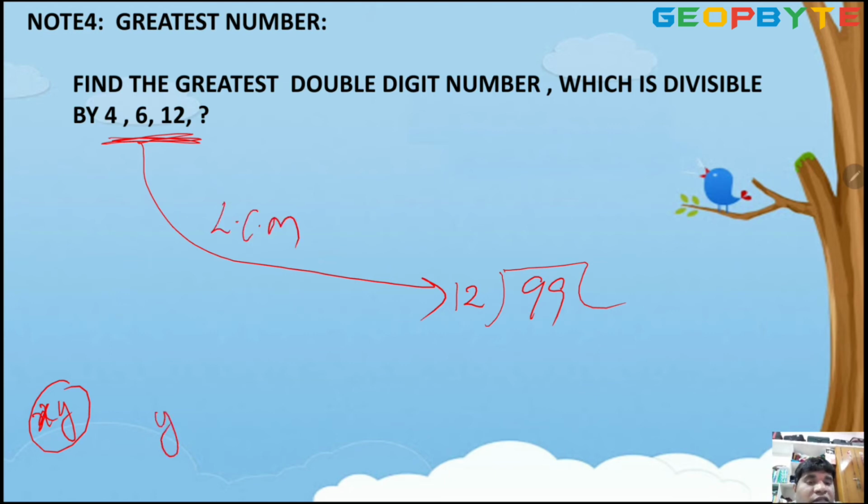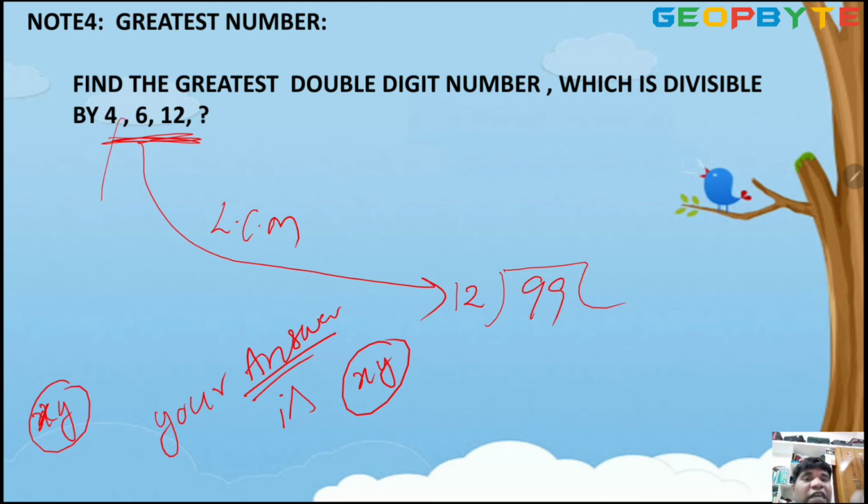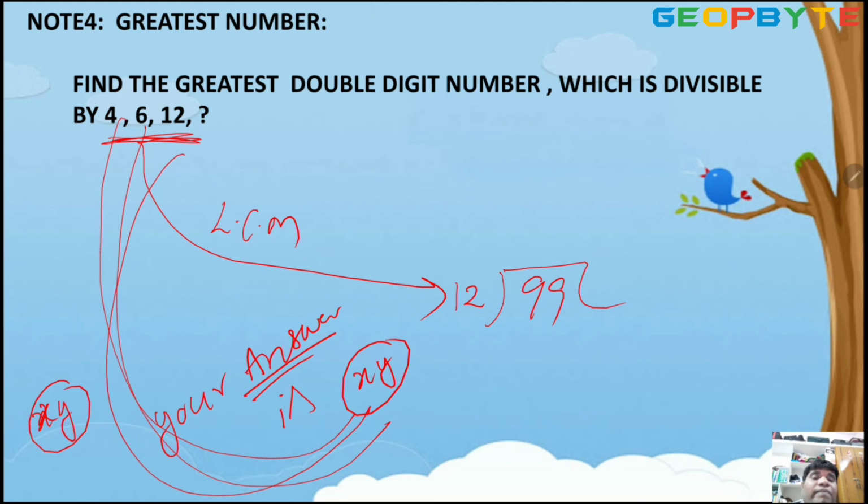Suppose your answer is xy. To check whether it is right or wrong, checking with 4, okay, checking with 6, okay, checking with 12, okay, then time is completed. That's why the logic: this xy is divisible by the LCM of these three numbers. Then it is divisible by each and every number also.